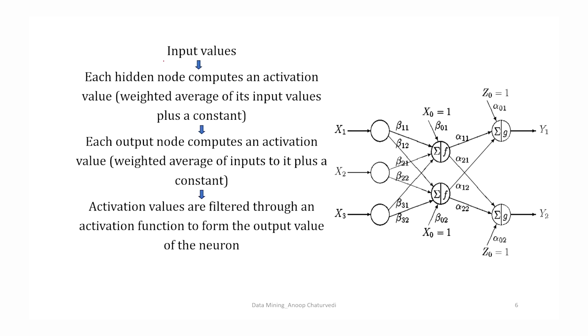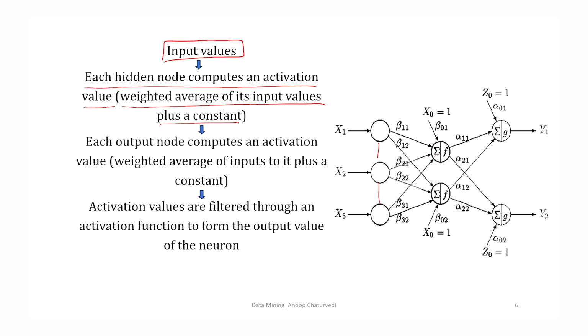So, again you have input values which enter through the input layer. Each hidden node computes an activation value, say weighted average of its input values plus a constant. So, you have weighted average plus this constant, and then each output node computes an activation value, weighted average of inputs to it plus a constant. And then activation values are filtered through an activation function.